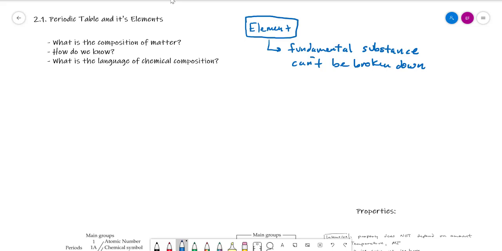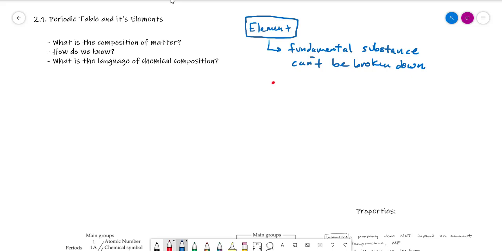So this is the simplest basic solid, liquid, or gas that surrounds us. Certainly elements can combine to create molecules which have more complexity and more diversity, but the element is the simplest basic unit of any type of chemical substance.